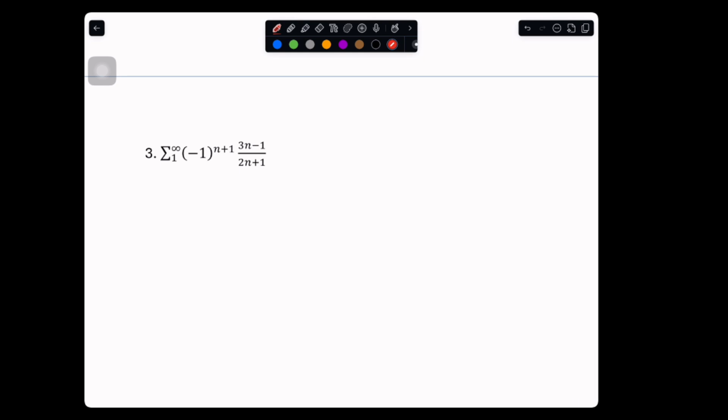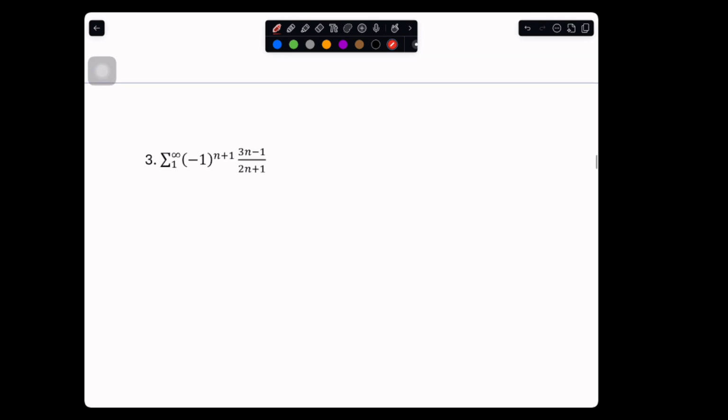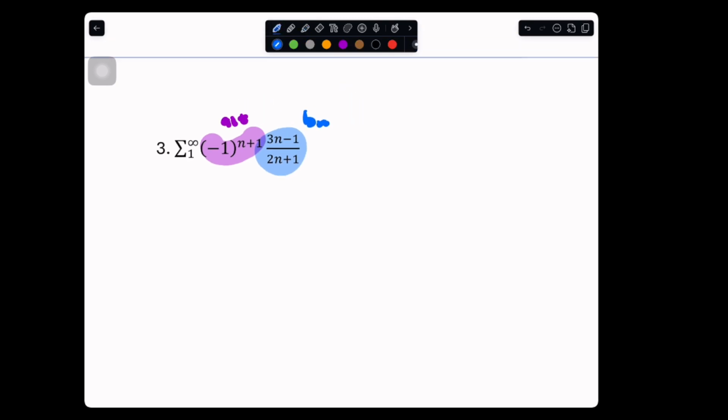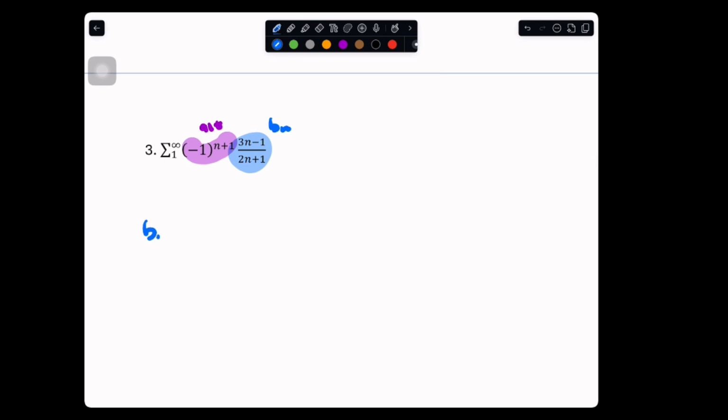Okay, what's going on here? I like this example. Ladies and gentlemen, this is alternating. Is that true? That's my alternating mechanism. Okay, then this portion is what? Bn. Bn is 3n minus 1 over 2n plus 1.